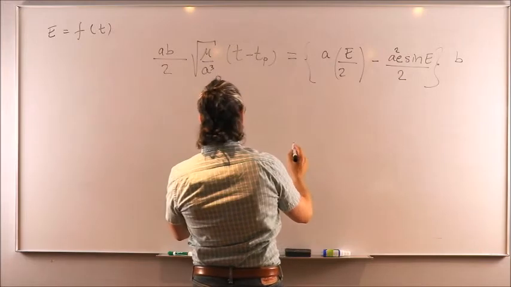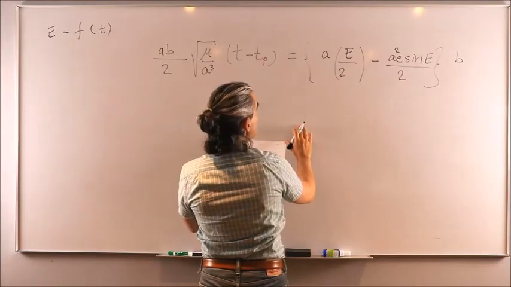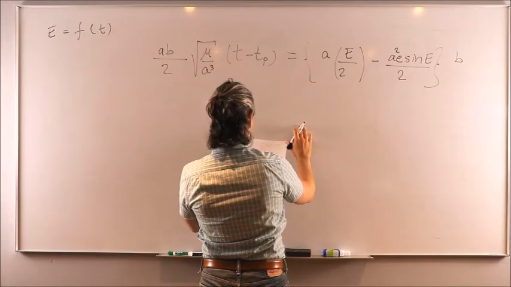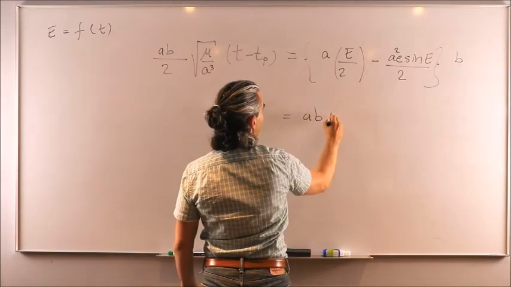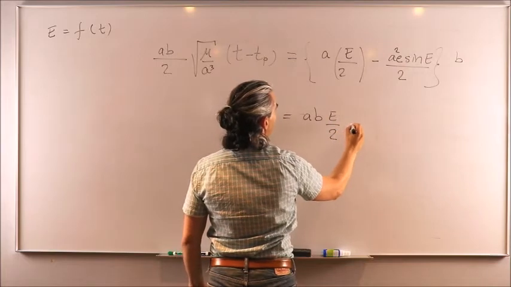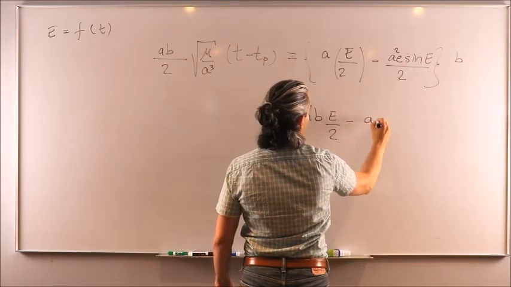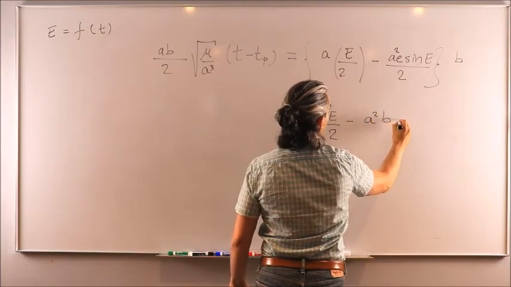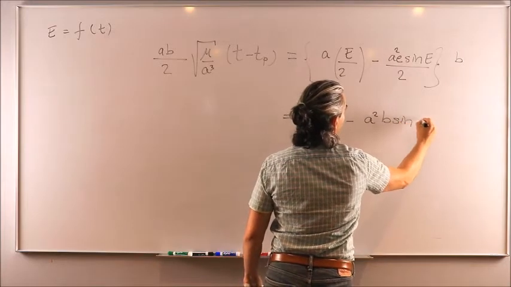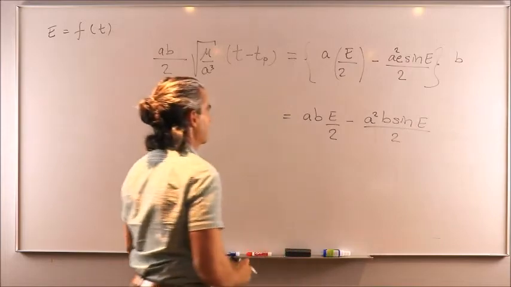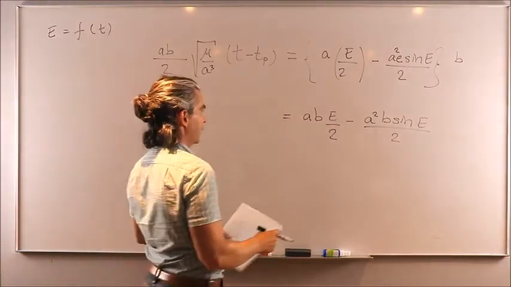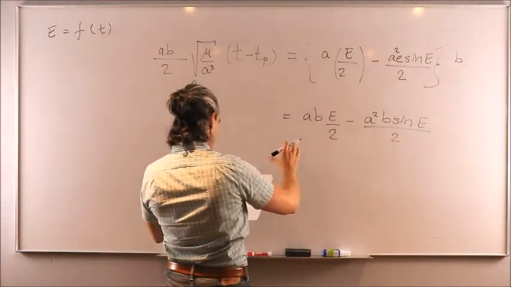So that what you have is A B eccentric anomaly over 2 minus A squared B sine eccentric anomaly over 2 for this side. Now you can factor out the AB.